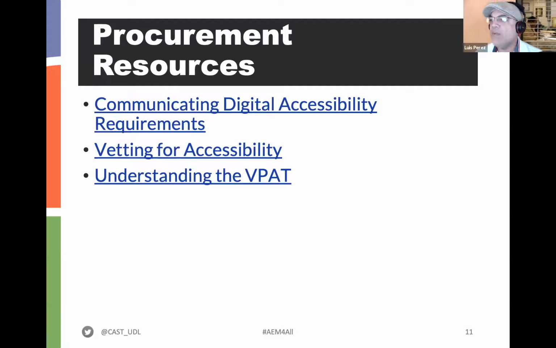I will open these up in my web browser in a second and give you a quick tour. When you're starting those conversations with vendors, this is a great place to go. There's some sample language, and information about what you can ask vendors and what the different standards are. So it's a good one-stop shop for a lot of that digital accessibility information.